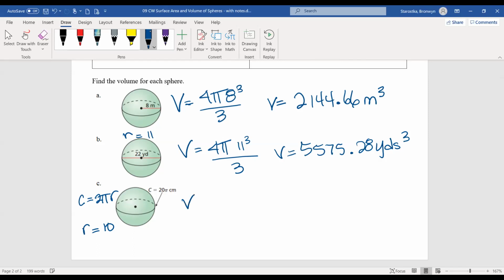So volume equals 4 pi 10 cubed divided by 3. Volume equals 4,188.79 millimeters cubed.